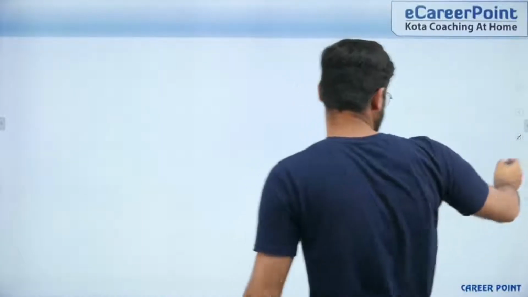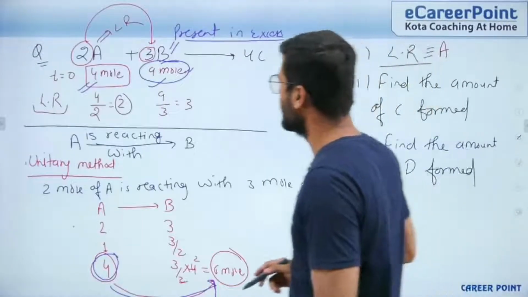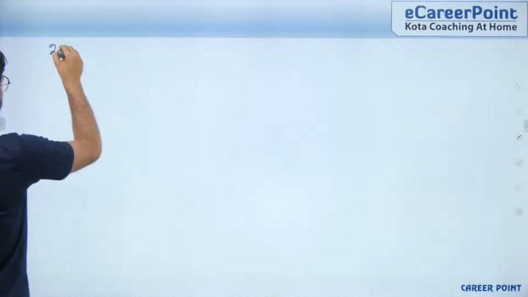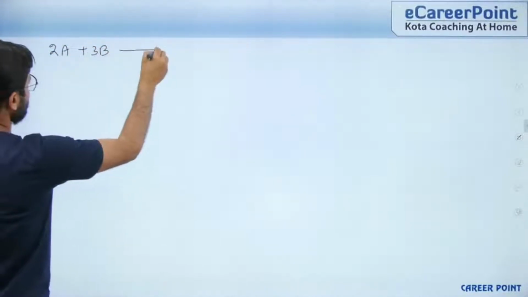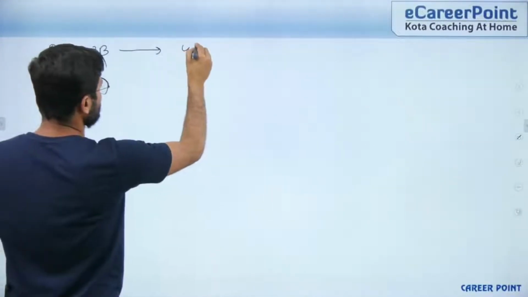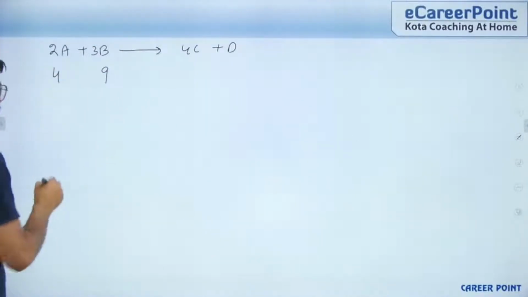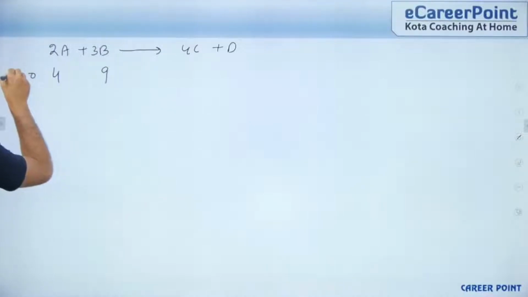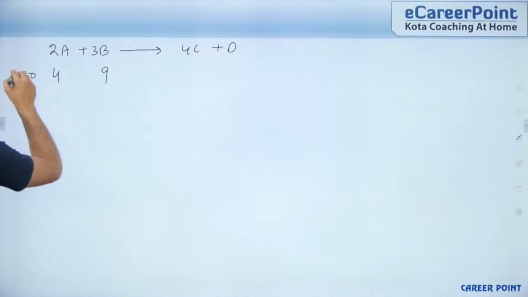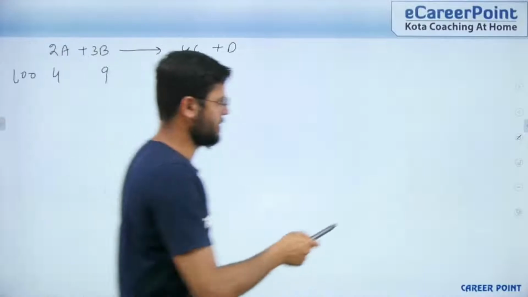I can write this reaction once again for all of you. 2A plus 3B giving 4C plus D. I have this 4 mole, this is 9 mole at time t equal to 0.